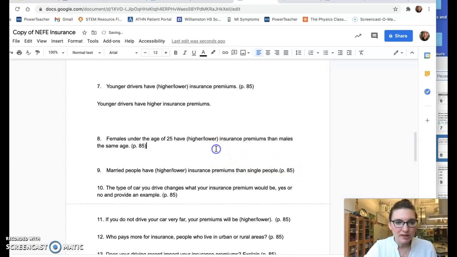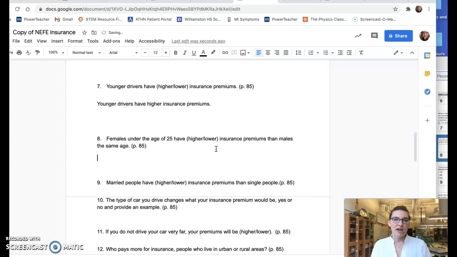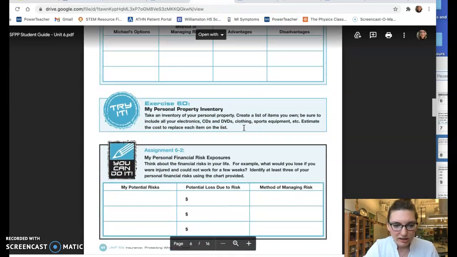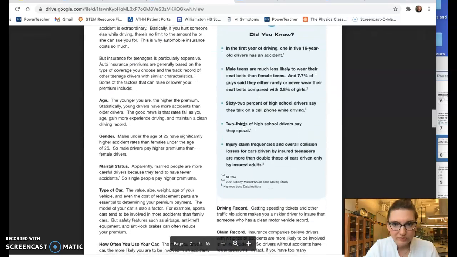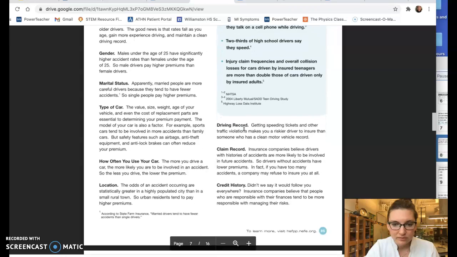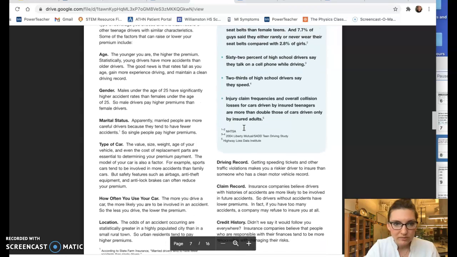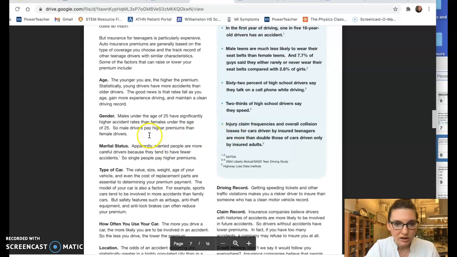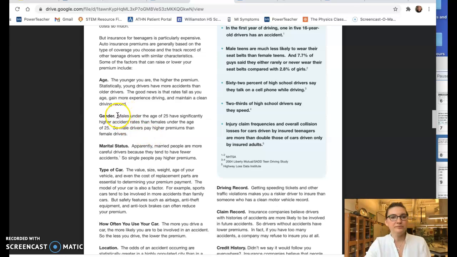So females under the age of 25 have higher or lower insurance premiums than males of the same age? I don't know. Let me look this one up. Page 85. Let's see. So gender. Okay. Males under the age of 25 have significantly higher accident rates than females under the age of 25.